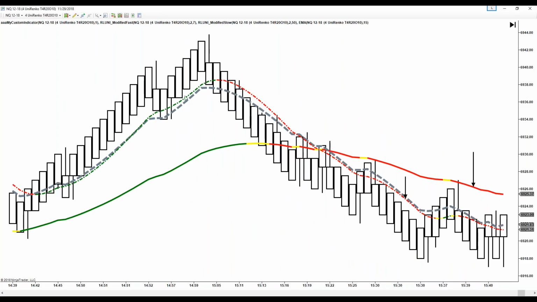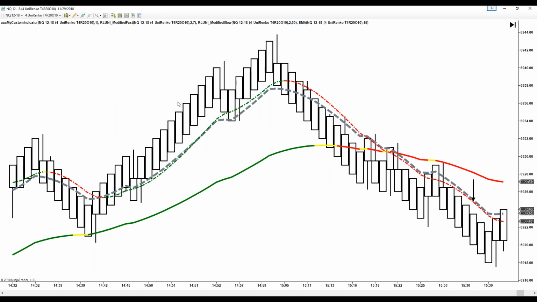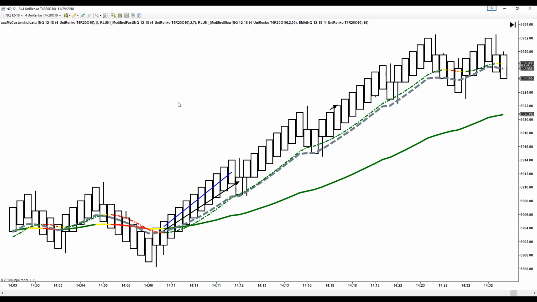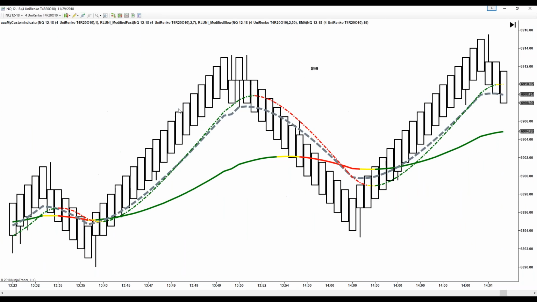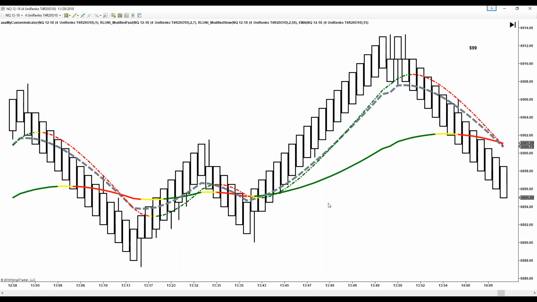That's what I never liked about that 15 EMA: you get two down candles and it yanks them down. Here, it's nice and smooth. So it gives smoothness and speed as opposed to lumpiness and speed. And that's the 15 EMA of a 15 EMA.